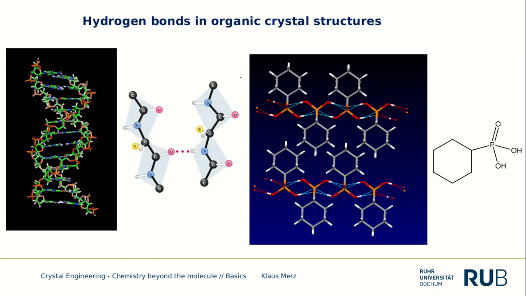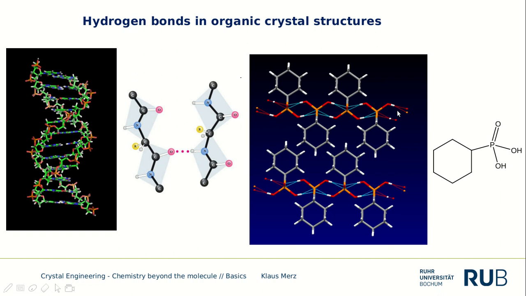Next thing. And the hydrogen bonds are not only restricted to DNA and some special things like water. Hydrogen bonds are very often found in organic structures. You see it here, the phosphonic acid. And what you see is a layer structure.